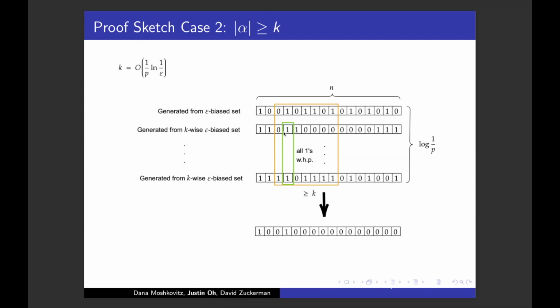Because no matter what the parity of this guy and this third guy and this fourth guy altogether is, since this one is all ones, the probability that this final thing is 1 or 0 is just completely dependent on whether this bit is 0 or 1. And because this is generated from an epsilon bias set, we know that's very close to 1/2. So we know that the entire output, or the entire parity, is close to 1/2, which is what we want in this case.